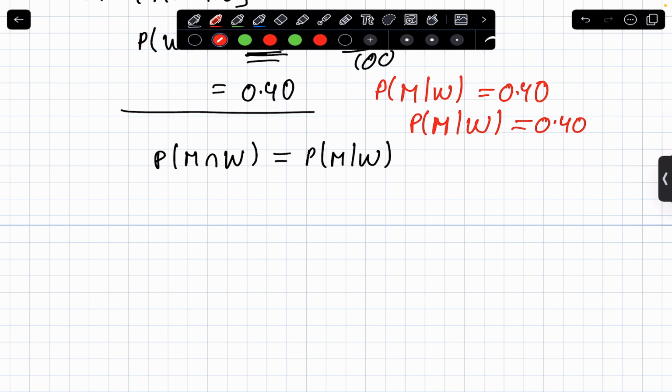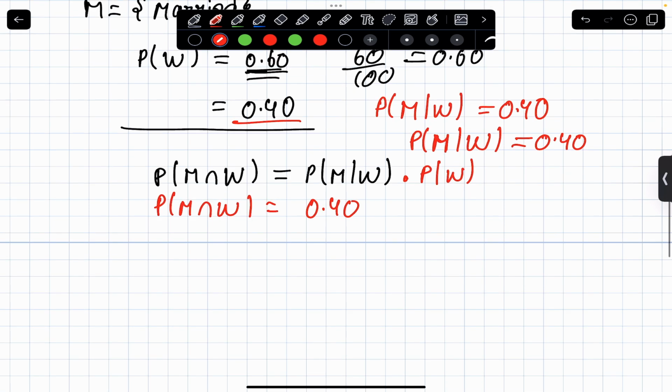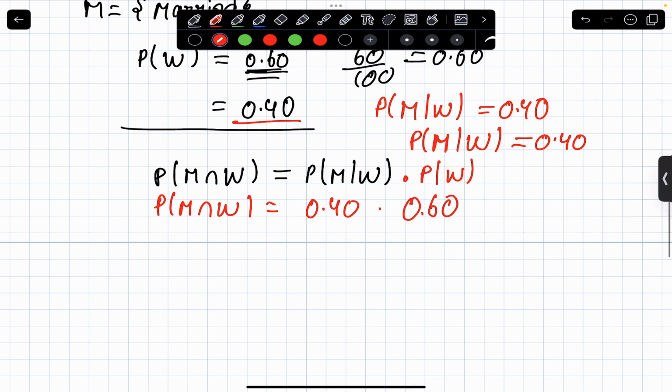Yeah, so this is what I'm trying to say. And two, the probability of getting a woman, what is it? So we have all our numbers: 0.40, and the probability of a woman is 0.60.